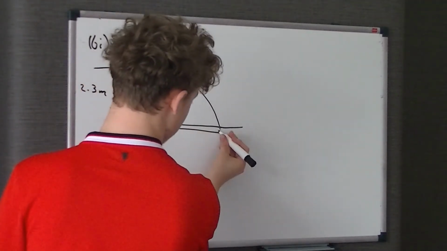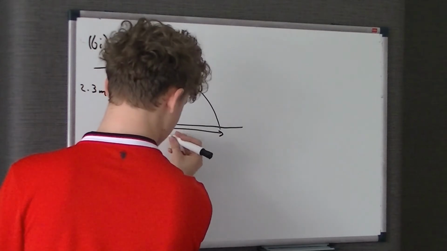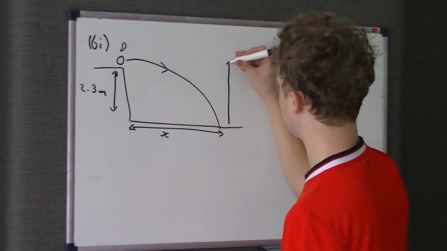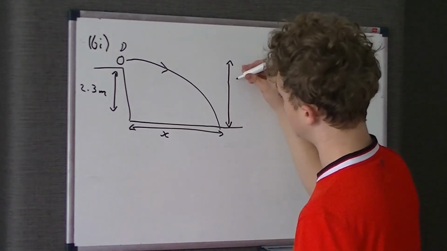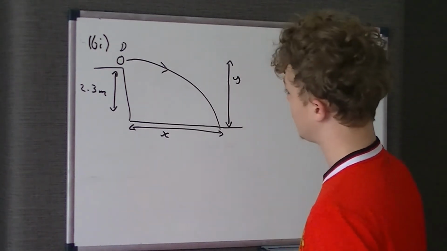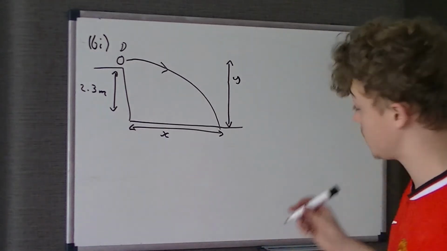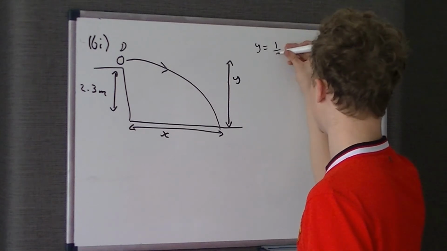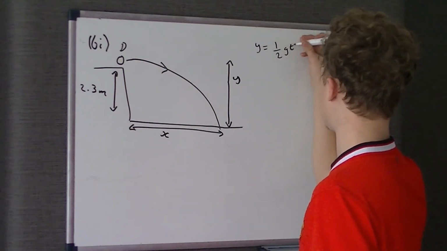Now we can say this is the x displacement, because it's going along, and the y displacement is going up, so that's the y. Now we know, or you should know, that the y displacement, so y is equal to 1/2 times g t squared.